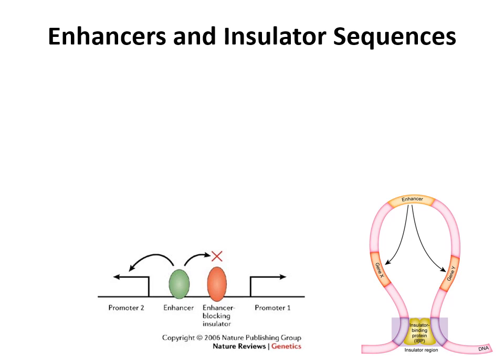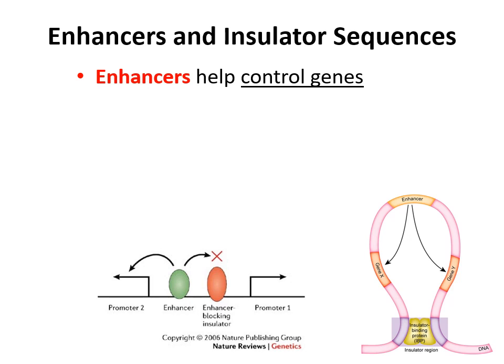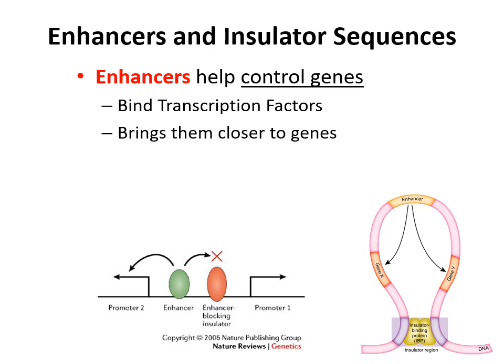Now, there are two other terms that I want you to be familiar with in gene regulation. The first one are the enhancers, which we've mentioned in previous lessons. So basically, what enhancers do is they bind transcription factors, and then they cause the DNA to loop so that they pull those transcription factors toward a promoter region, toward a gene to help activate that gene.